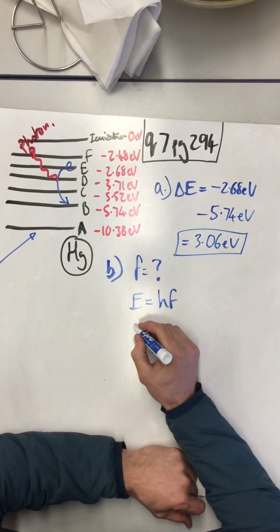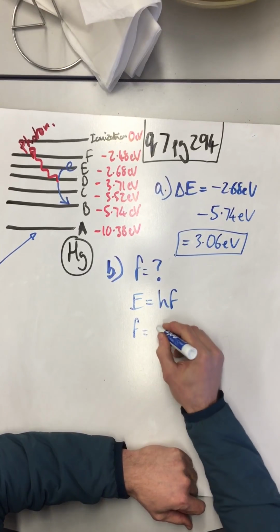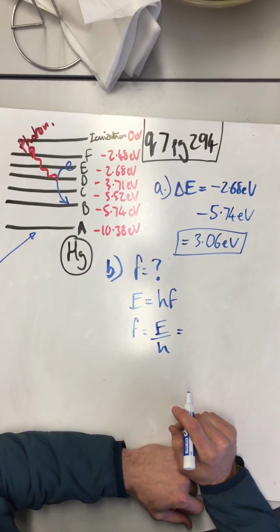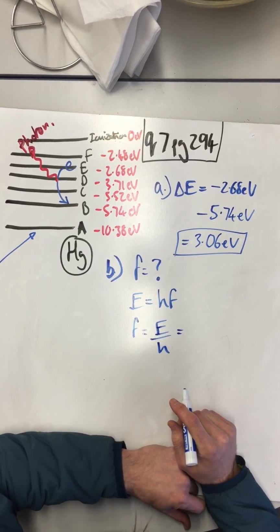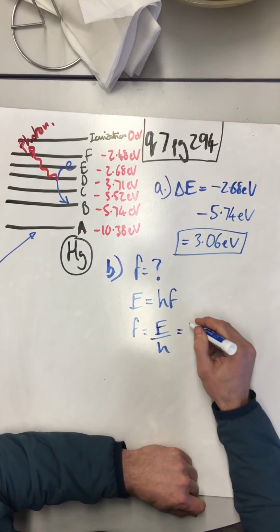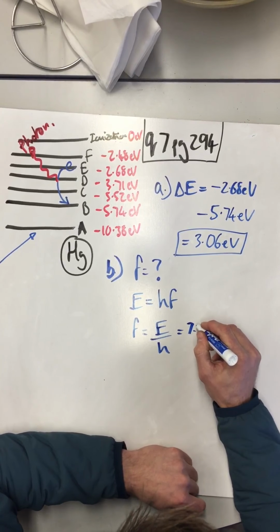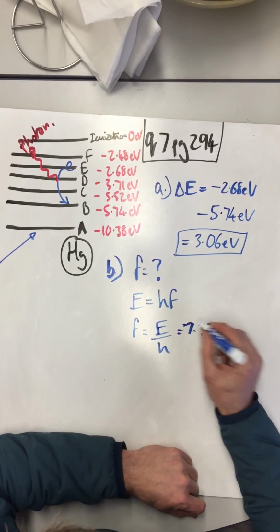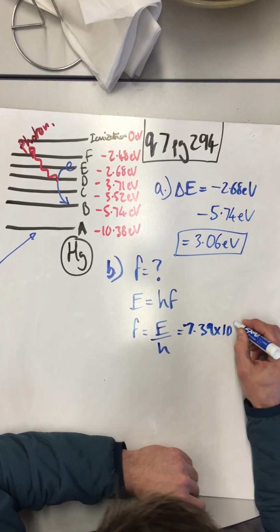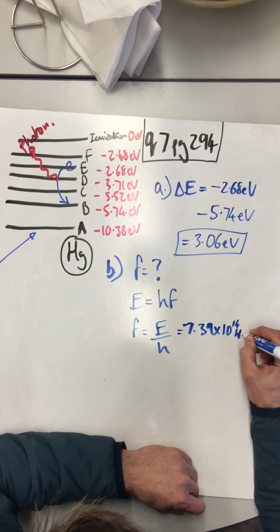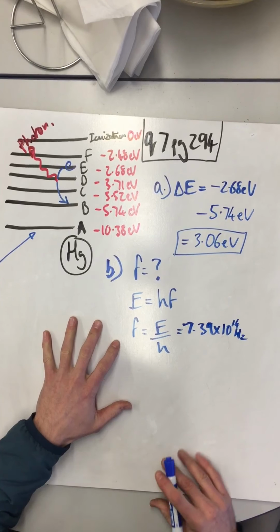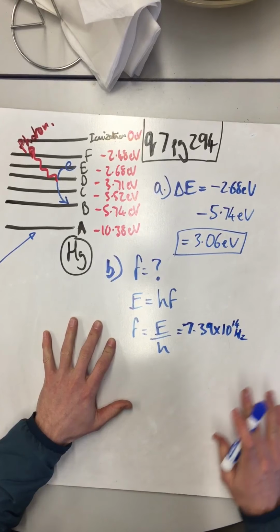So right now we're just going to rearrange this and solve for the frequency. Pretty straightforward. So if we do that, we plug it in, we're going to get 7.39 times 10 to the 14 hertz. Okay, pretty straightforward. No major problems so far. Lots of just plug and chug.